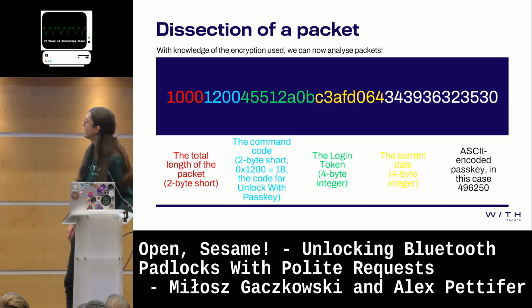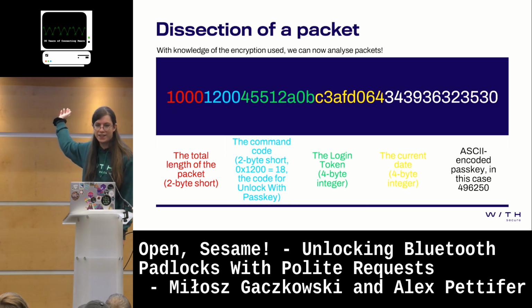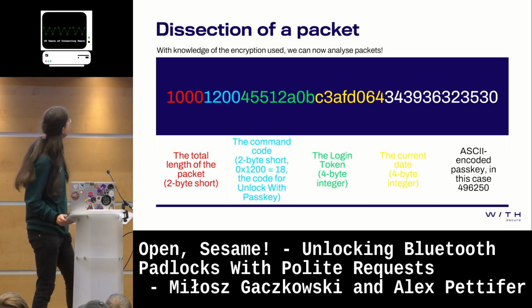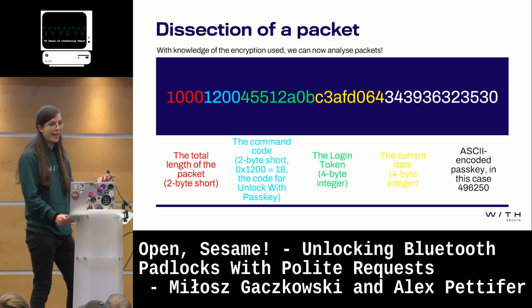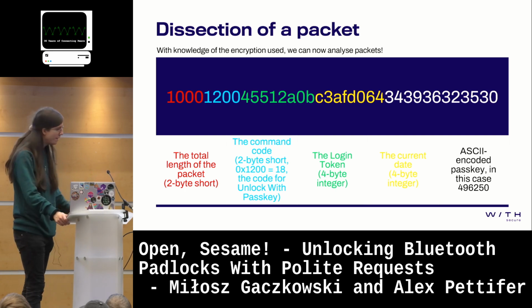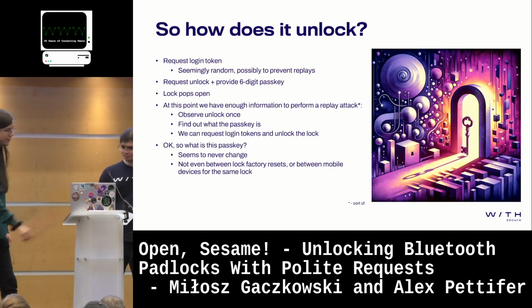And in this case, because this is the unlock cloud password packet, it also includes an ASCII-encoded password. The password here was always 6 decimal digits. And so I'll take it back to Miłosz to explain what that was.